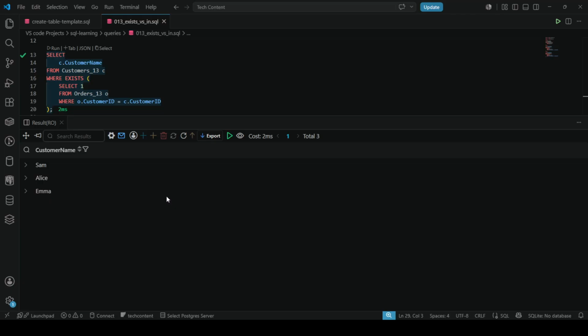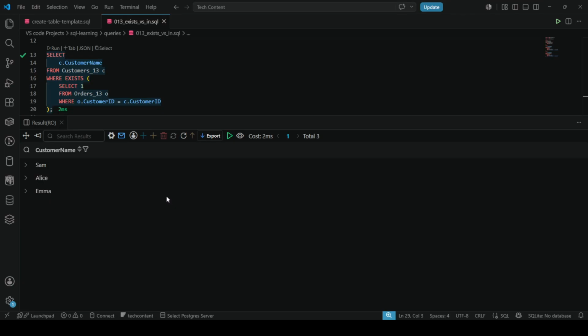SQL then checks John: does a matching order exist on his name? No, so John isn't returned. The same process continues for the remaining customers. The important thing to remember is that EXISTS is asking a yes or no question: does a matching row exist, yes or no?